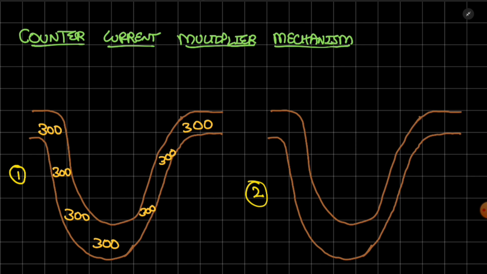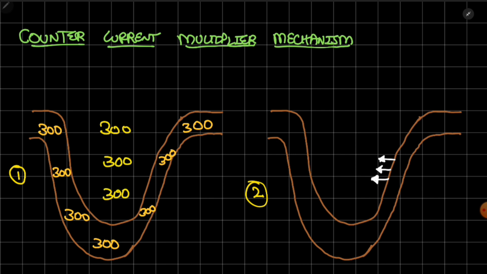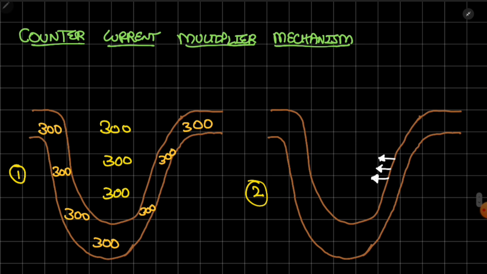Since the ascending limb, and basically we are talking about the thick ascending limb, is permeable to solutes, some solutes will be removed like this. I forgot to mention the osmolarity here is 300. Everything is normal.